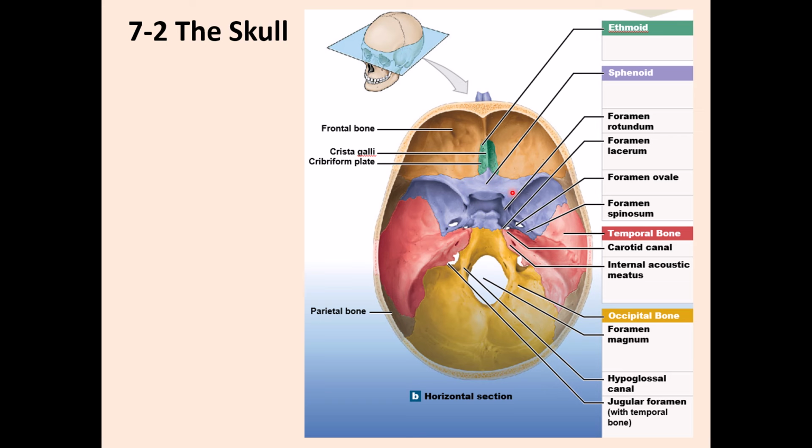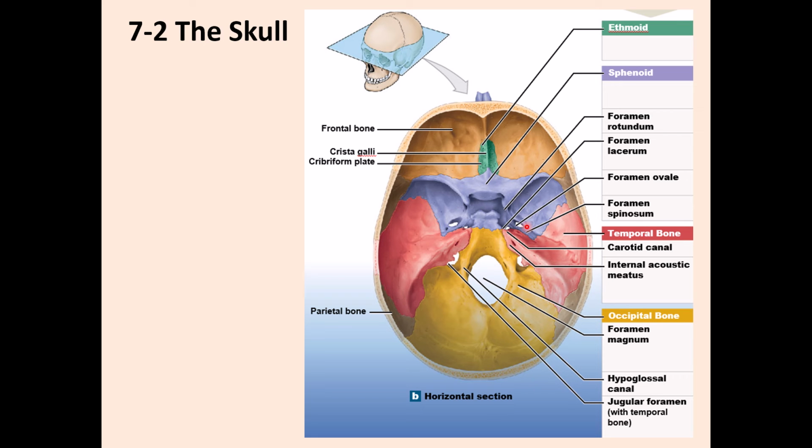Posterior to that, you have the sphenoid bone. Part of the sphenoid bone is in the anterior cranial cavity, and part of it is in the middle cranial cavity. Here you can see the different wings. This is the lesser wing, and this is the greater wing. It's like a bat, lesser and greater wing.